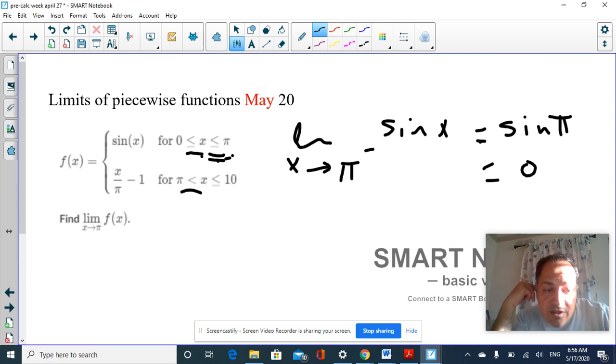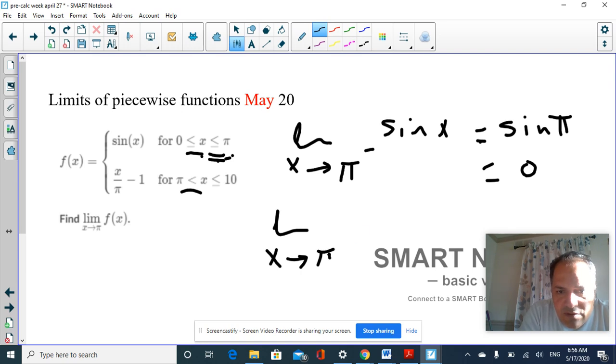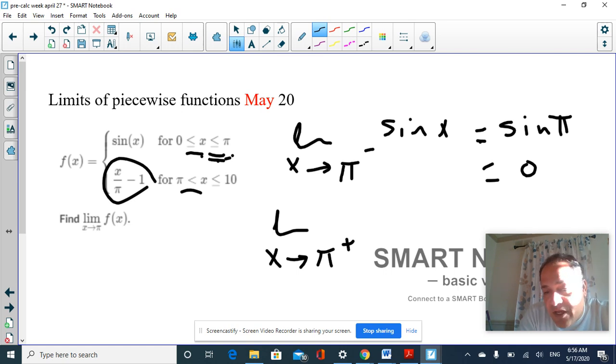Okay, if you want to find now the limit of the function from right, we are going to use the second part because here x is greater than pi, because from right. So we have to use this function x over pi minus 1.